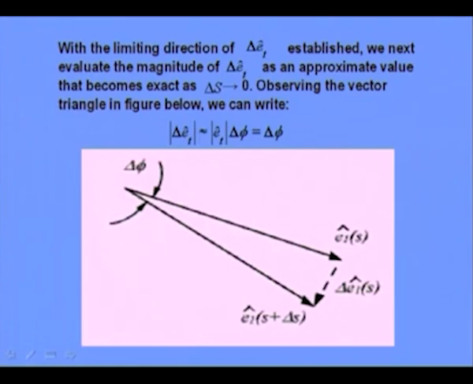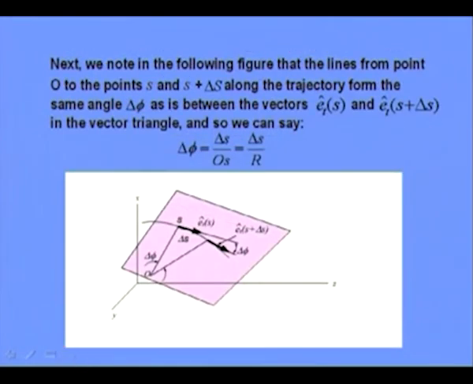Next we note in this figure that the lines from point O to point S and S plus delta S along the trajectory form the same angle delta phi as is between the vectors ET at S and ET at S plus delta S. Therefore, the angle between the normals to these two vectors will also be delta phi.